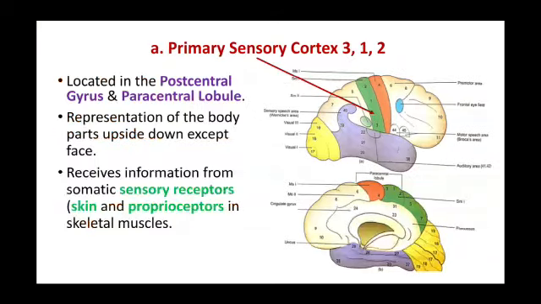So coming to the primary sensory cortex, areas 3, 1, 2, this is located in the post-central gyrus and paracentral lobule. It is represented in the body upside down except the face. It receives information from somatic sensory receptors, that is skin, and proprioceptors in skeletal muscles.